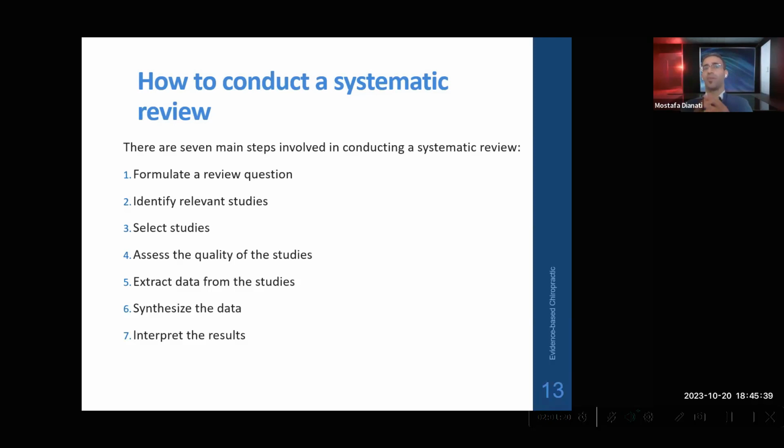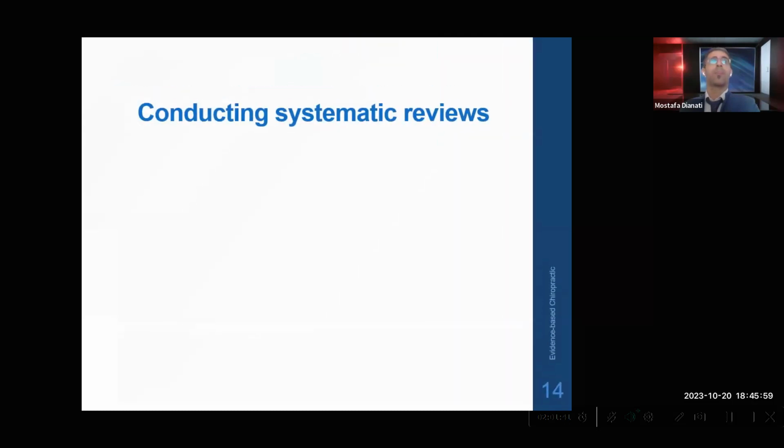If the confounding factors are controlled, if the study is high ranking quality, then we will include it in the meta-analysis or systematic review. If not, yeah, we will exclude it, okay? And synthesis of the data and interpretation of the results. These are the main key elements in conducting a systematic review.